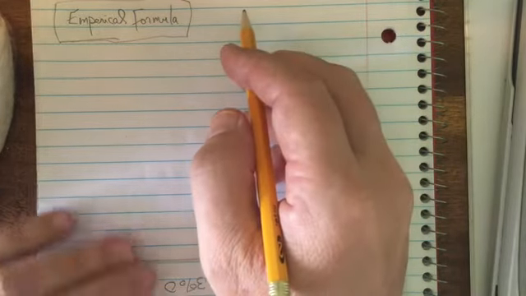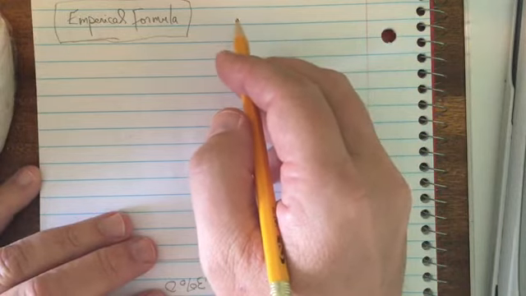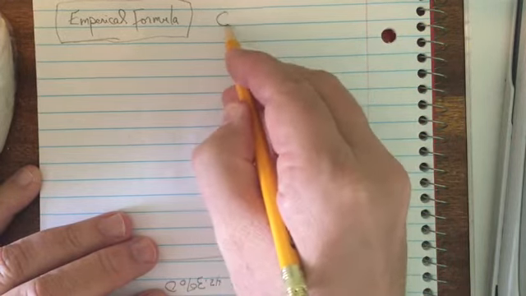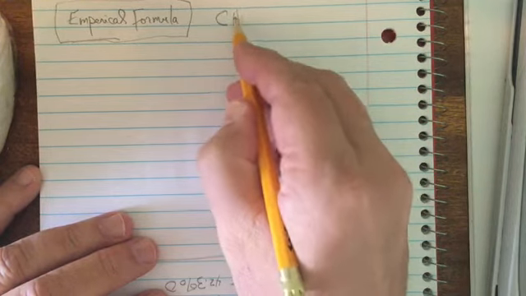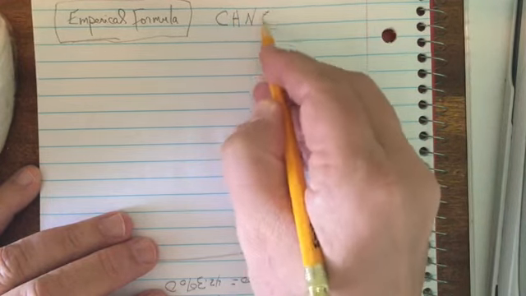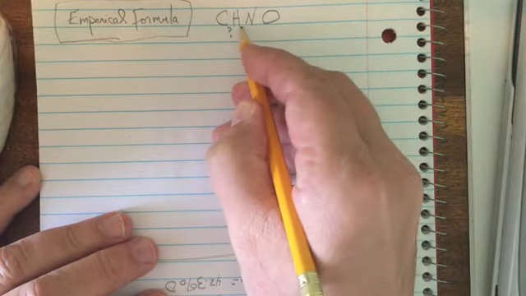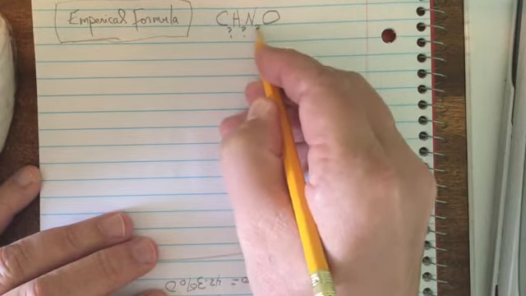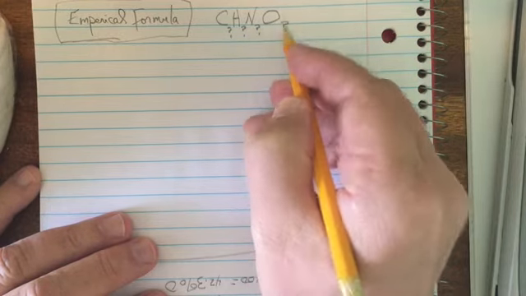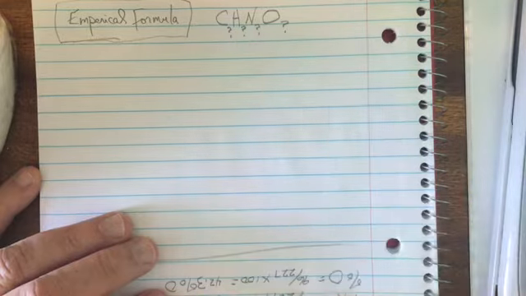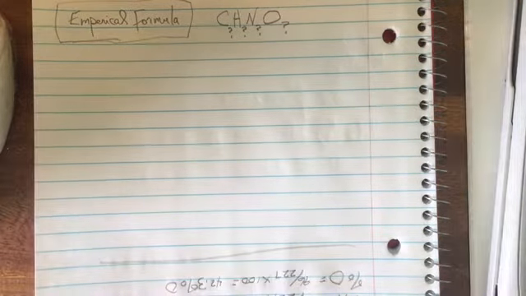Glycine, you may know, is the simplest of the amino acids that make up proteins. It has carbon, hydrogen, nitrogen, and oxygen in it. But the formula, let's pretend we don't know what it is right now. We just know it has those 4 elements. Let's calculate the empirical formula for this particular substance if we know the percent composition.